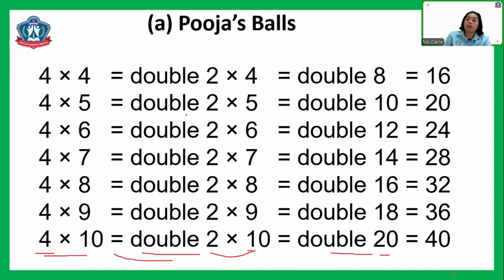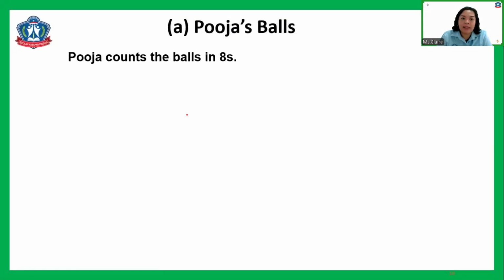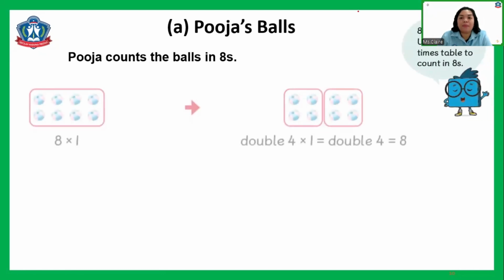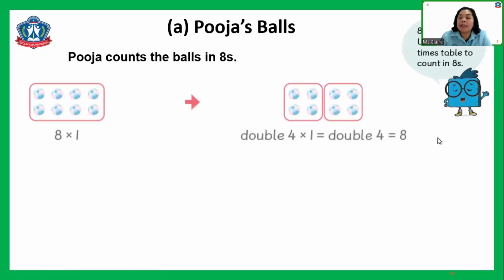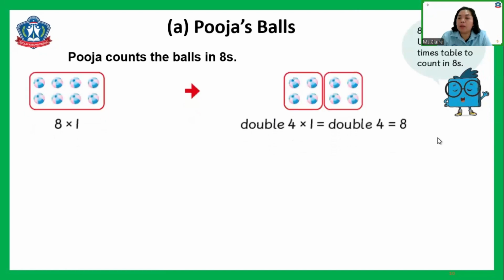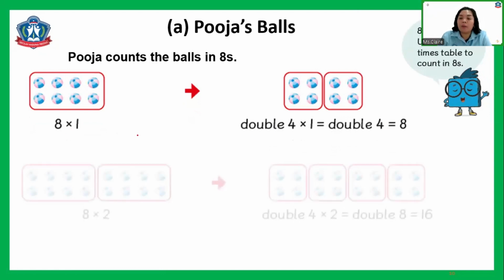So that's how to count easier, P3, okay? We don't need to count by ones. Next, Pooja counts the balls in 8s, all right. Okay, remember that 8 is double 4. So we can use the 4 times table to count in 8s. So 8 times 1 is double 4 times 1, equals 8.